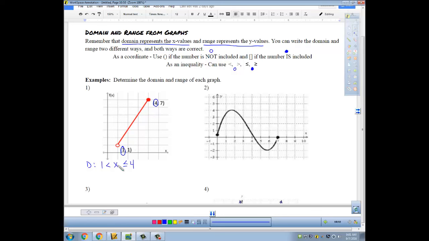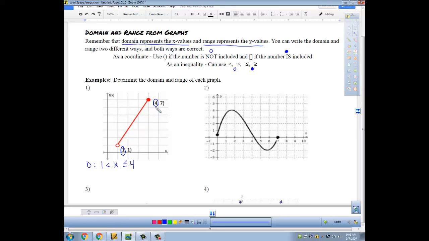And then I put an x because we're talking about x values, we're talking about the domain. And then my furthest to the right point was 4. 4 was the biggest number. Everything else was less than 4, so I wrote x is less than or equal to 4. And again, it's less than or equal to because of that closed circle. So the inequality part, like I said earlier, is the weirdest part about this.